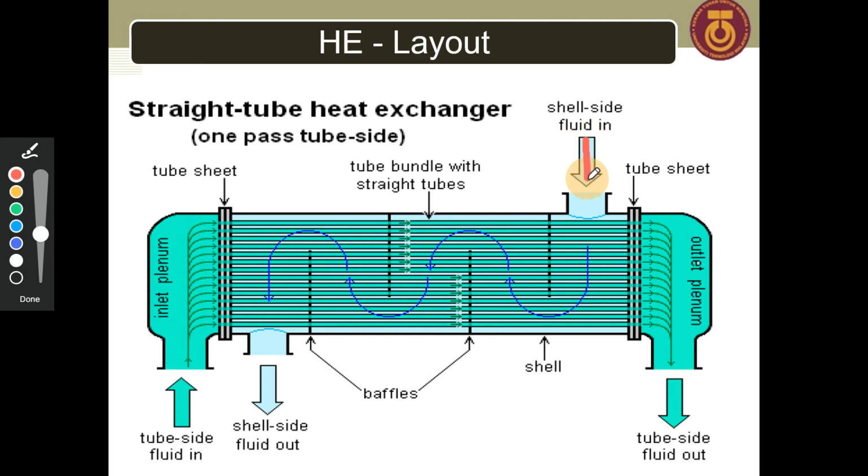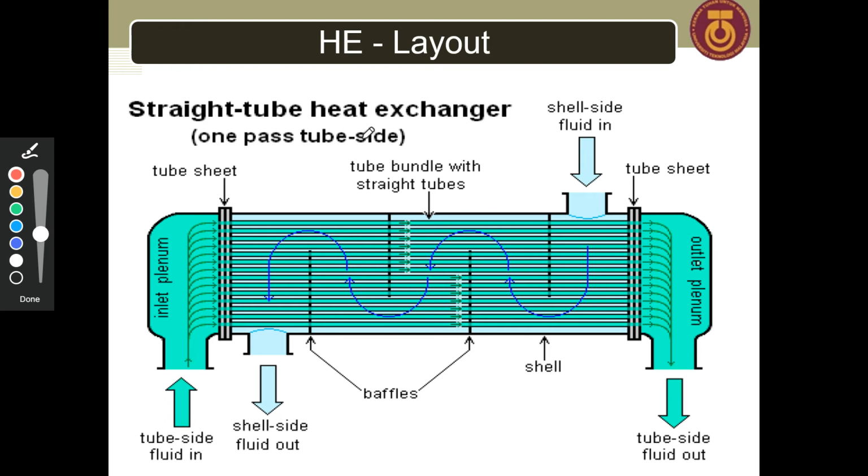The fluid will just come from here, and of course I should draw like this, come from here, then under the baffles, on top of the baffles, again up, down, and out. So this one is for the flow inside the shell. It is only in one direction, so that's why we call it one pass.